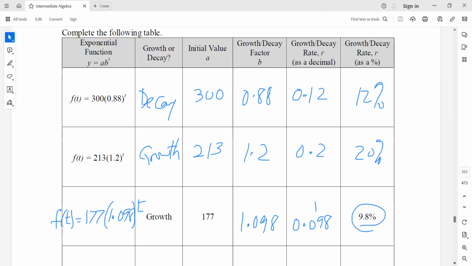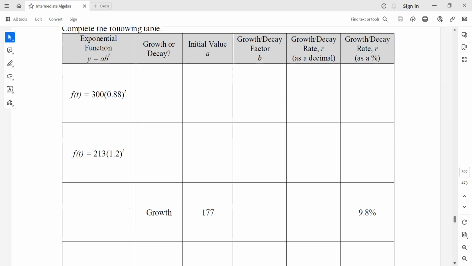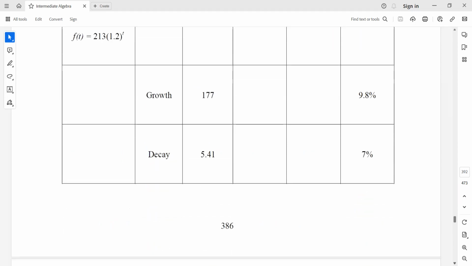Now the next one, we're going to have a decay. Now the initial value is 5.41, but the decay rate is 7%. So 1 minus 7% is 0.07. 1 minus 0.07 is 0.93.